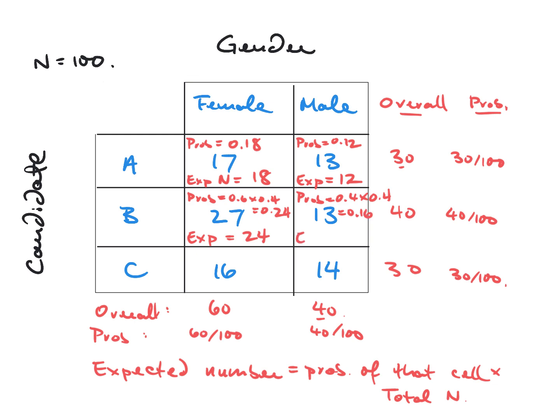The expected number would be 16 people. Okay, moving down to candidate C. Probability a person is female and likes candidate C is 0.6 times 0.3, 0.18.